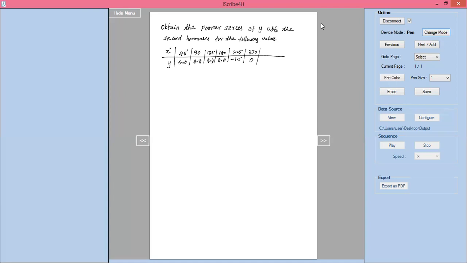Next one should be 315, should be 2.8. Next one should be 360 degrees, should be 3.4.